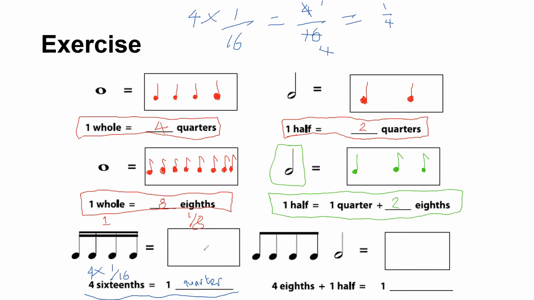And what does the quarter look like? It's just the crotchet, shaded black with a single stem. Do we understand how I got to this quarter, right?